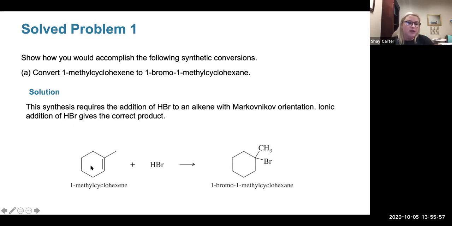So here we have 1 methyl cyclohexene. If we add HBr to it, we can anticipate that the hydrogen is going to go on this side and the bromine will add to the most substituted carbon. I think I said methyl cyclohexene. It should be methyl cyclohexane.